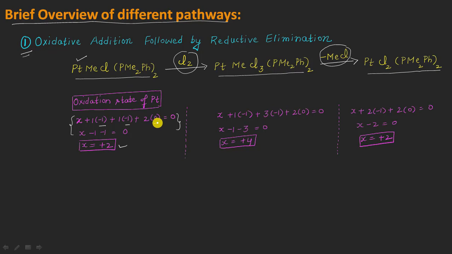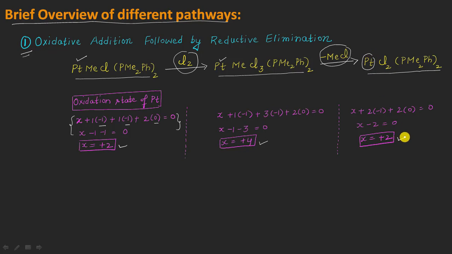So when we calculate the oxidation state by considering these charges, it will come out to be +2. In the same way, if we count the oxidation state of platinum in the intermediate, it will come out to be +4.